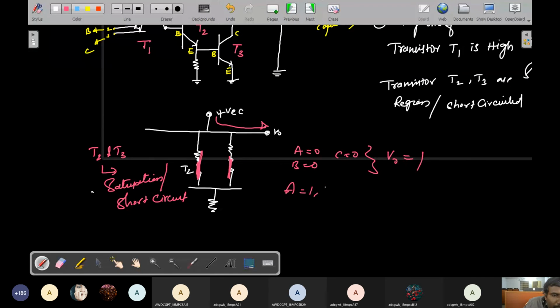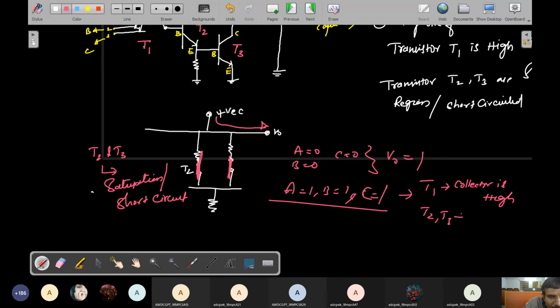So in the second case, A is equal to 1, B is equal to 1, C is equal to 1. In this case the collector of transistor T1 is high. So obviously T2 and T3 both have their bases connected to a high signal, so these two transistors are activated, that means they are in on state.